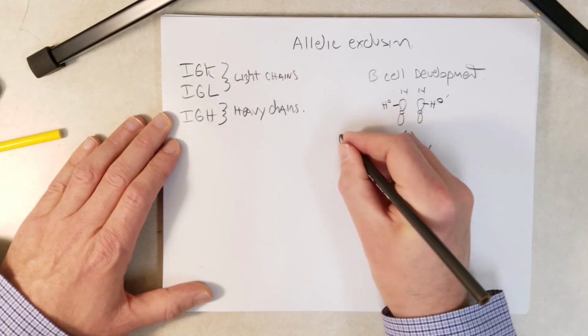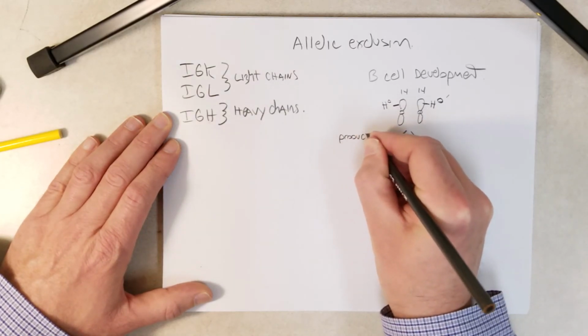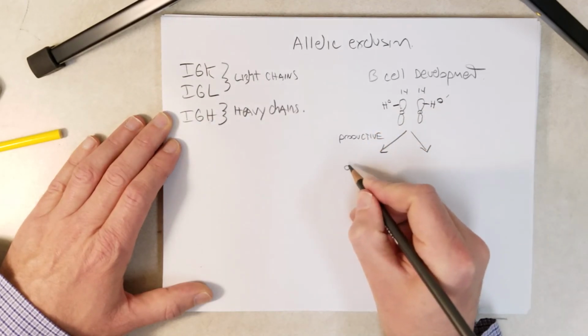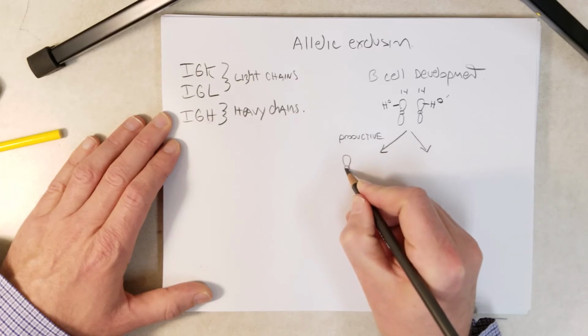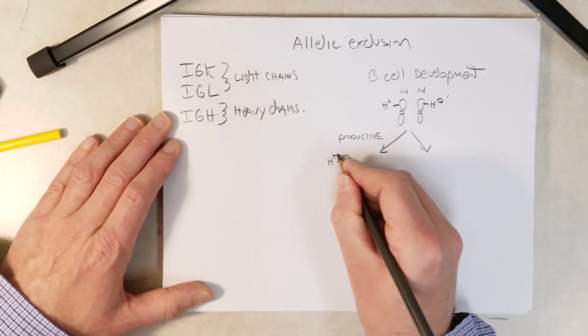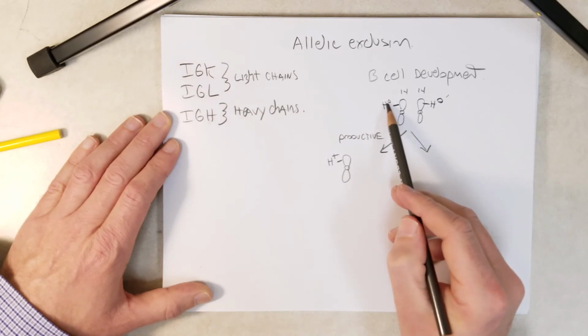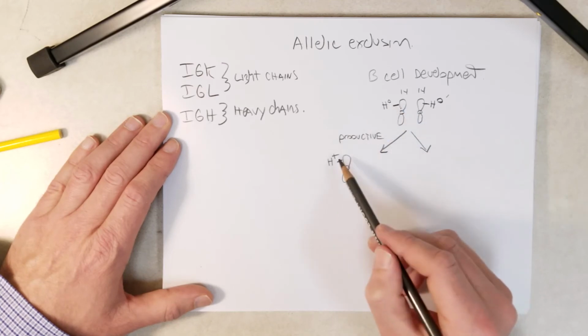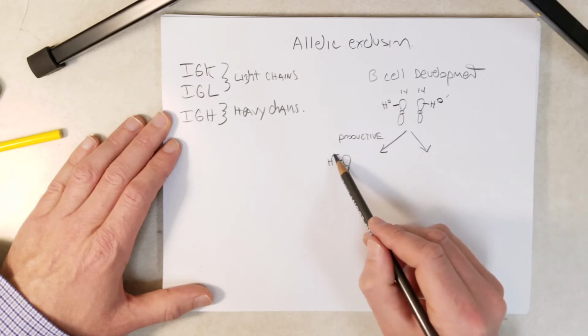And if it works, let's say productive, I'm going to change this to a plus. Let's say this H0 right here: the cell tried to recombine the IgH locus here to make a functional heavy chain, and it worked. So I'm going to say H plus.